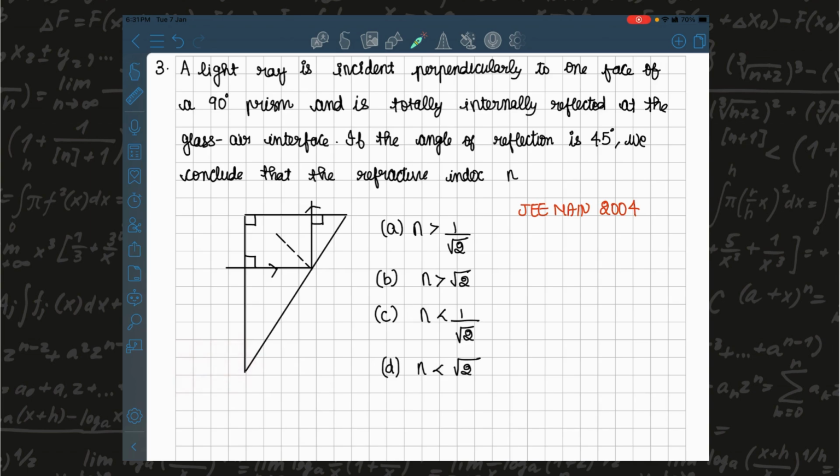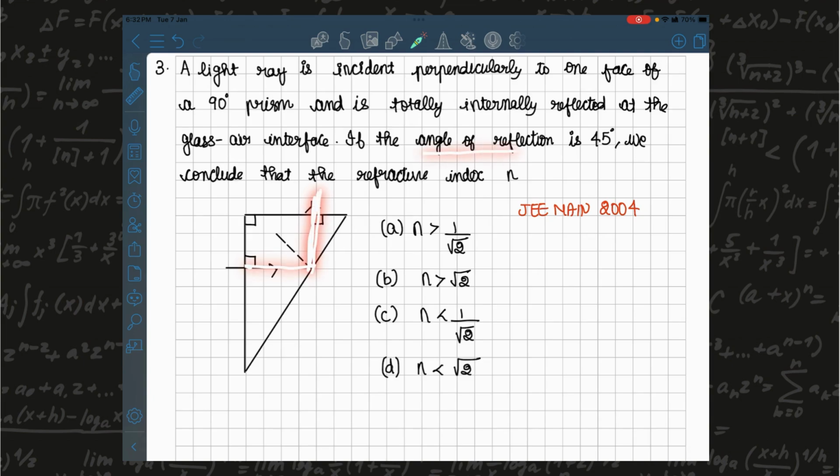Because the incident angle is greater than the critical angle, there happens a total internal reflection, and that's why instead of the incident light ray going outside the prism at a different angle, it gets reflected in the glass prism itself.